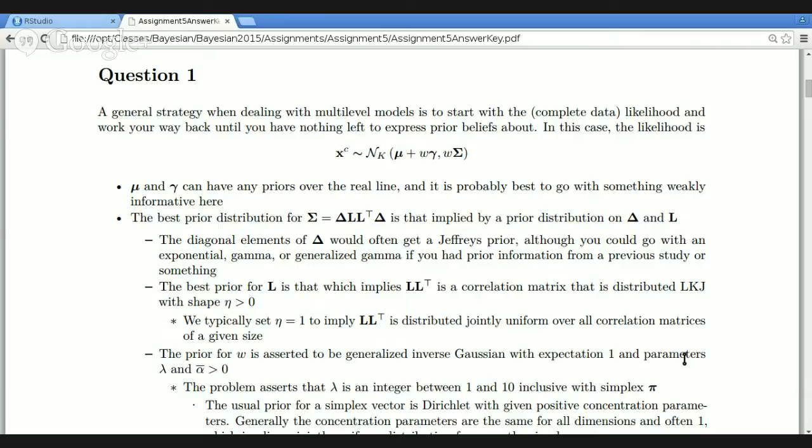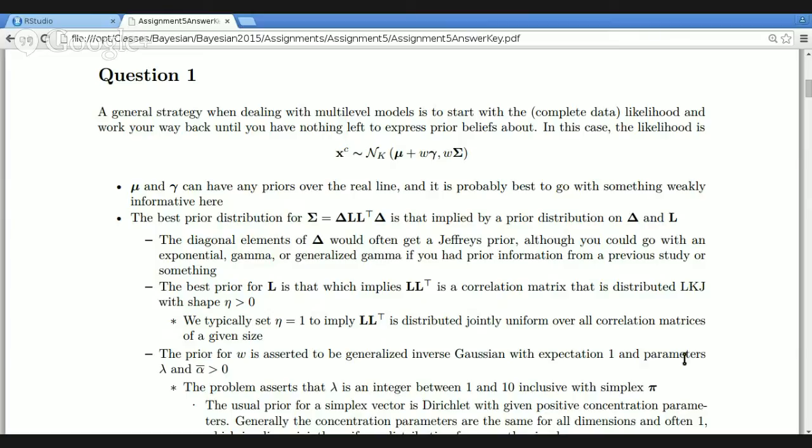Turning to L, usually the only distribution for a correlation matrix that anyone really knows of is LKJ. So we want to choose the prior on L that implies L times L transpose is not only a correlation matrix, but a correlation matrix that has the LKJ distribution.